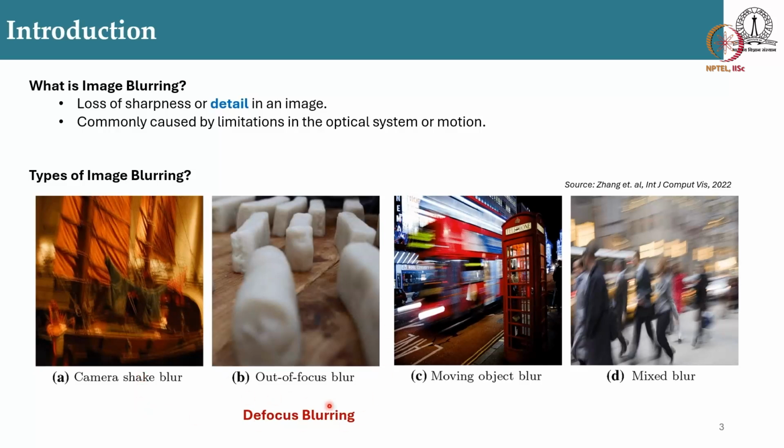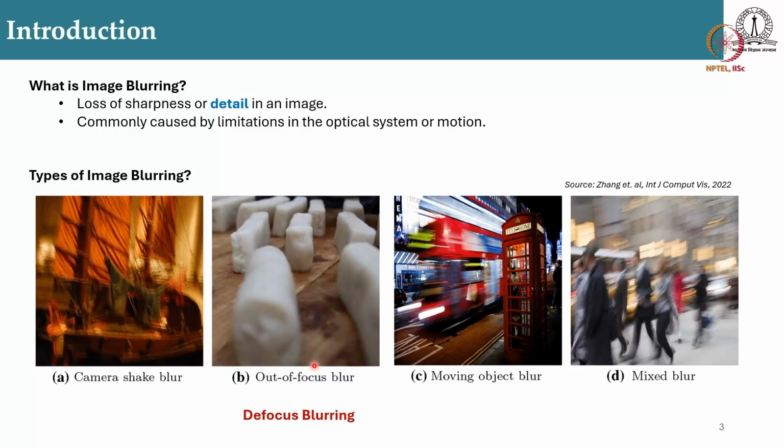The second kind of blurring, which is what we are more interested in for this course, is out of focus blurring, or defocus blurring. This is related to the fact that when you have an optical system or a camera trying to capture an image, we all know from basic ray optics, or even from intuition, that there is a specific region where things look sharp and crisp.